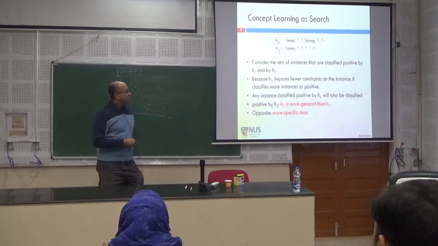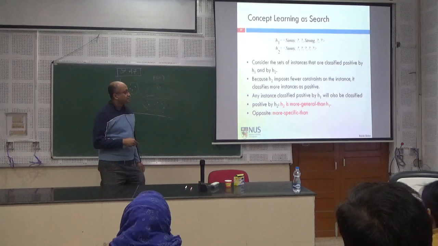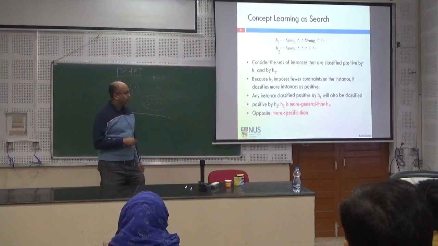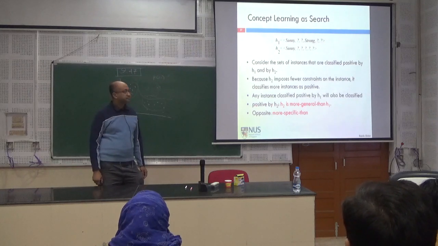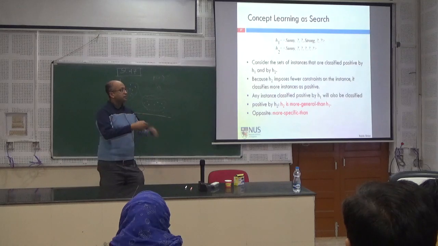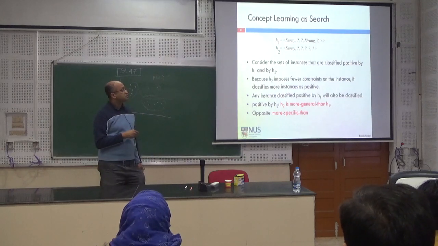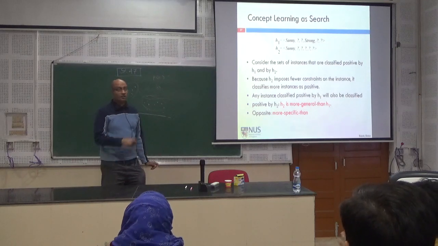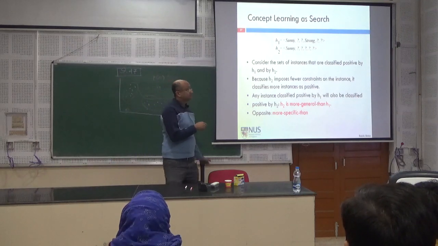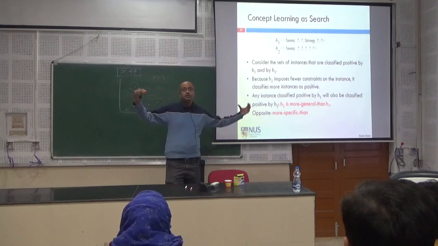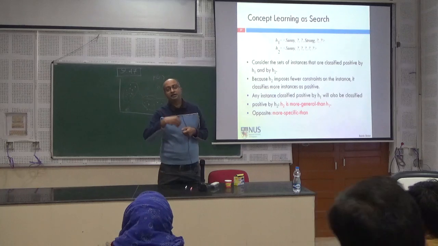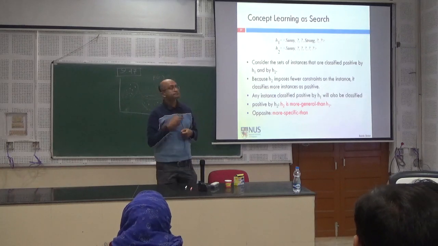If any instance classified positive by H1 will also be classified positive by H2, H2 is more general. Or the opposite: H1 is more specific than H2. I will use this kind of relationship to make my search space smaller and smaller progressively, so that I can finally converge to the real hypothesis.